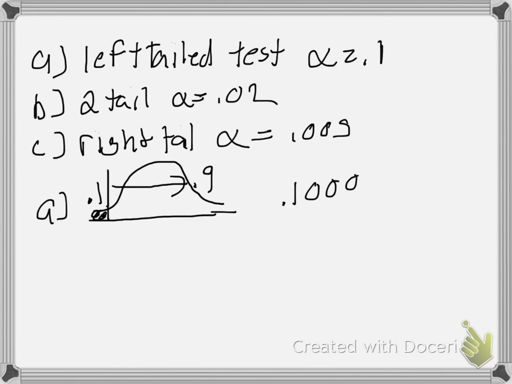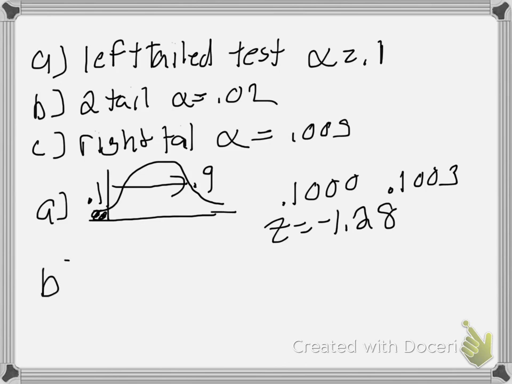And again, we're looking at the four-digit numbers, not the z-scores. We'll get the z-score from the four-digit number. So the closest one is 0.1003. When I find that, then I look at what the z-score is. So my z-score for this particular problem is negative 1.28. Hopefully all of you see that.